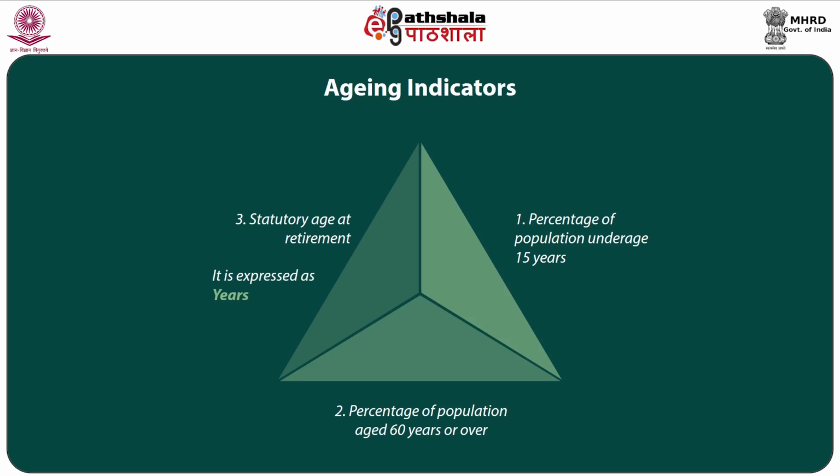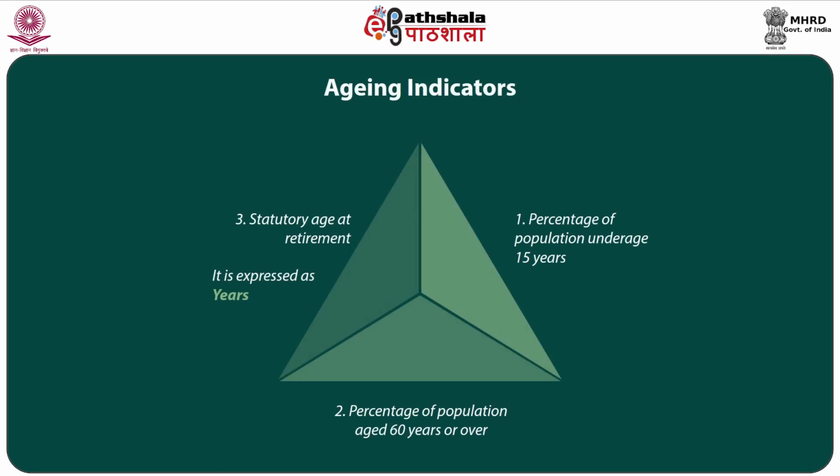If you say that in India 8% of the population is aged or elderly, that means 8 out of 100 Indians are aged 60 years or more. The numerator will be the estimated mid-year population aged 60 years or more, the denominator will be the total population. Let us continue with the aging indicators.